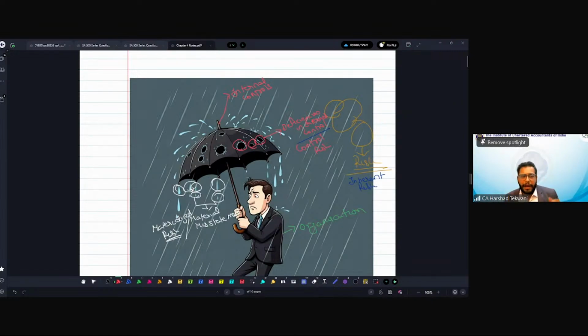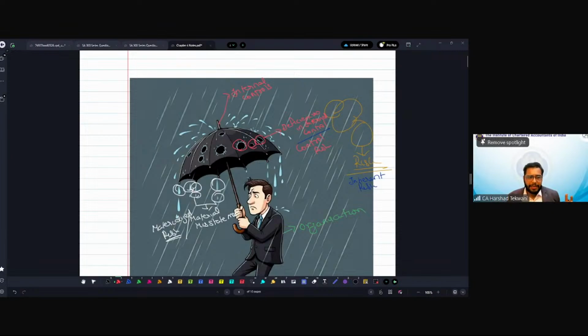And we will come to the audit risk later on. Clear till now? Any doubt with respect to this image? Any doubt? Okay, no doubt. I will show you one more image.